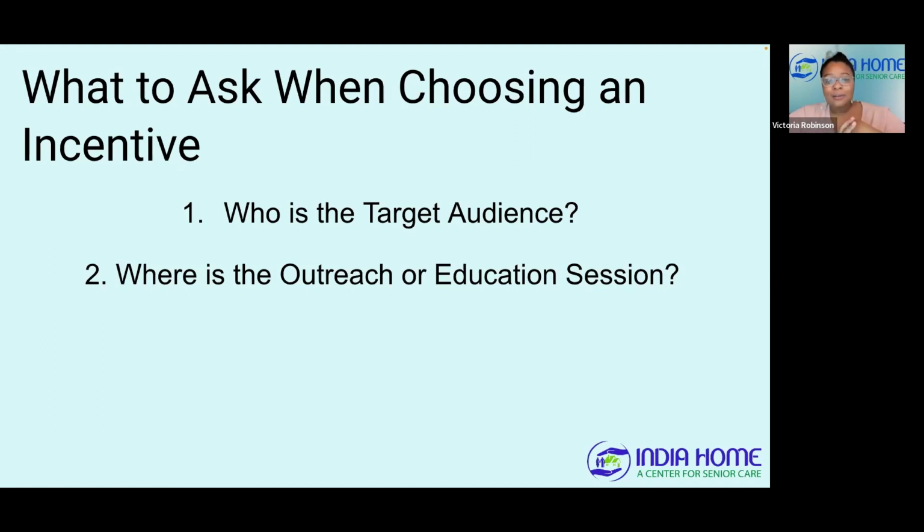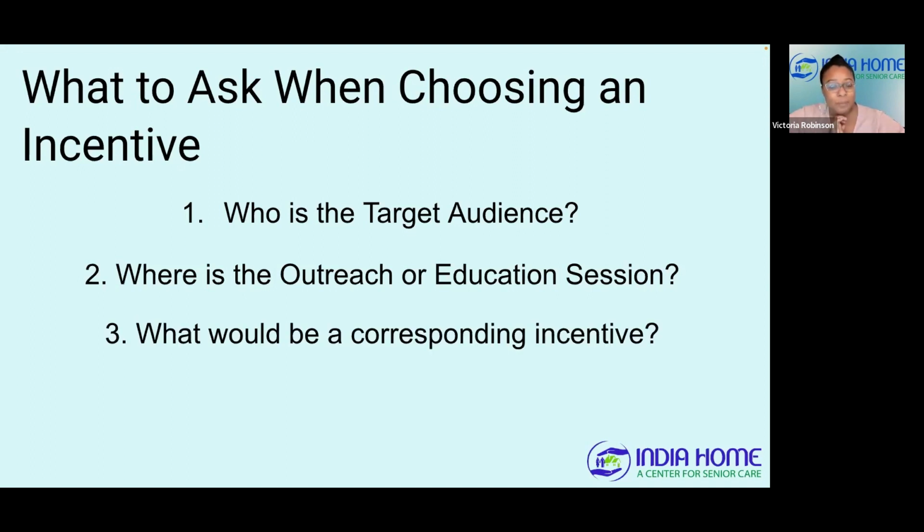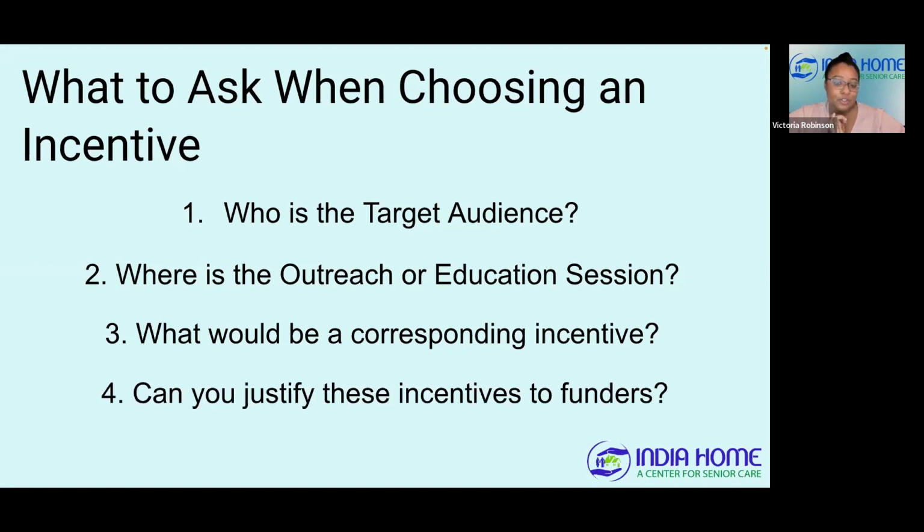What? What would be a corresponding incentive for the demographic and the location? And can you justify these incentives to the funders, the people giving you grant money, where you can purchase these types of things for community members? I feel like these are the four important steps.